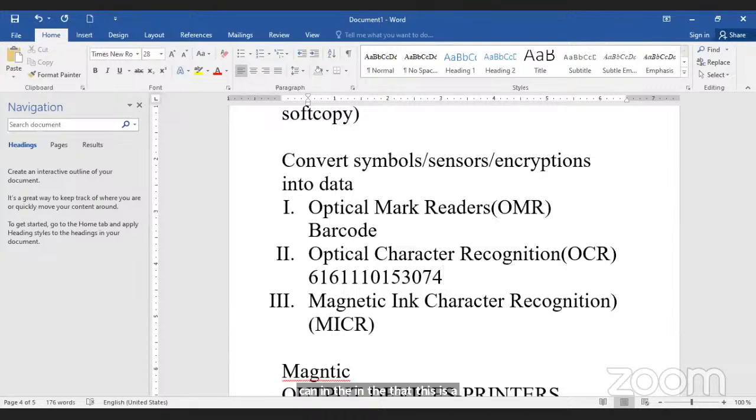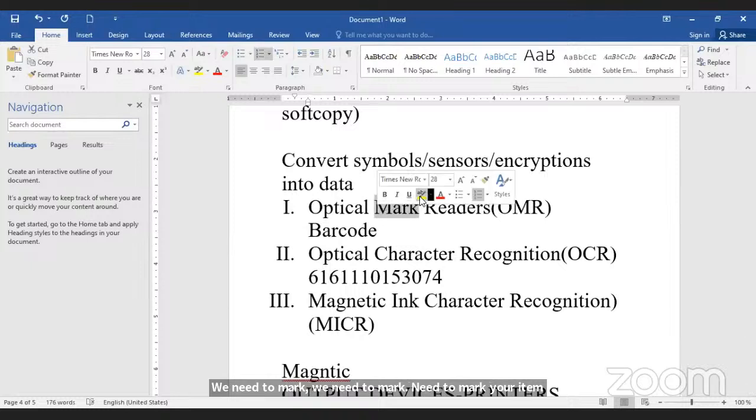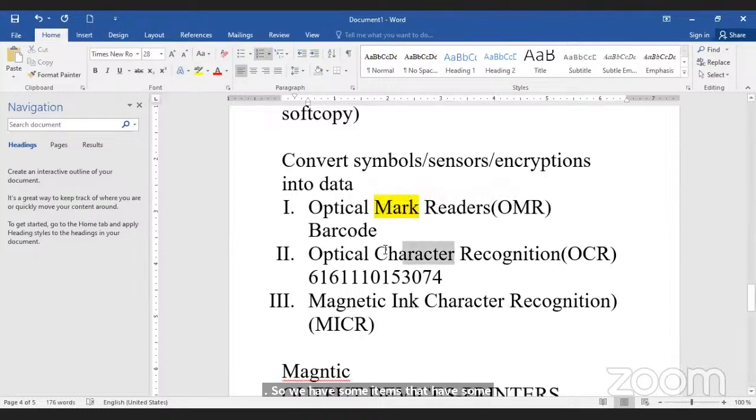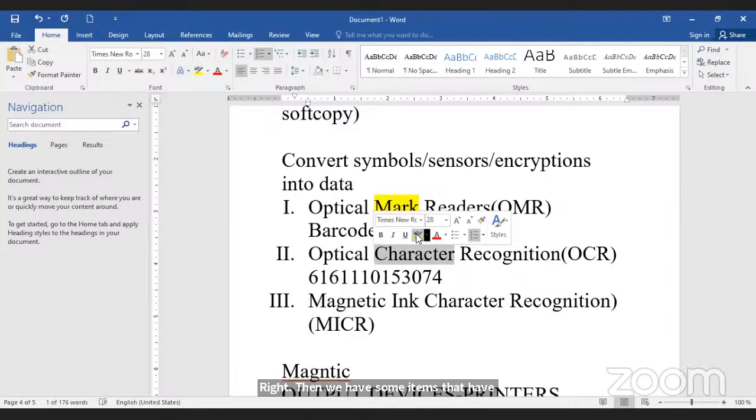So it usually works the same as optical mark readers. But now it reads the character, while the other reads the mark. We have some items that have some marks, right? Then we have some items that have some characters encrypted on them. So they work the same way.